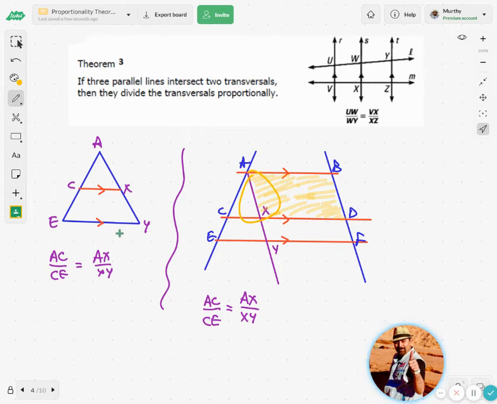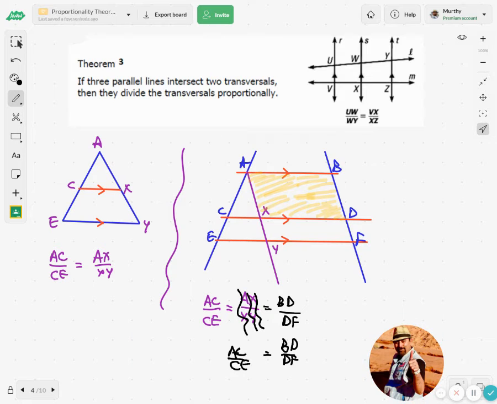Therefore, in the place of AX, I can take BD: AX equals BD and XY equals DF. Now, if I bypass this one, I can say that AC over CE equals BD over DF.